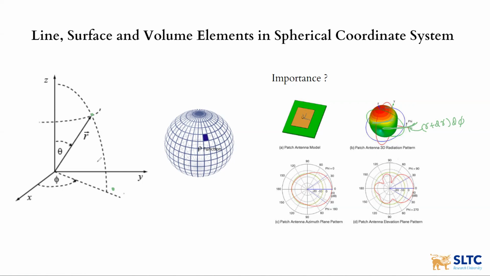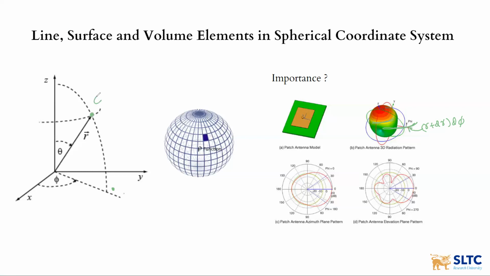Right? So in spherical coordinate systems, we have the phi angle that we can use to define the angle that we draw from the x-axis up to the point in the xy plane that corresponds to the point in space.